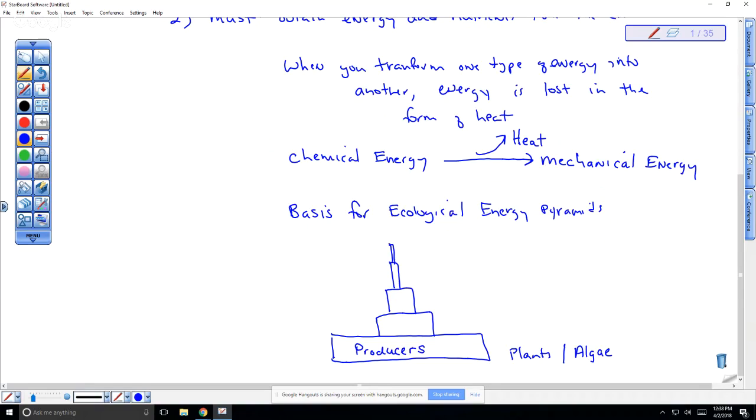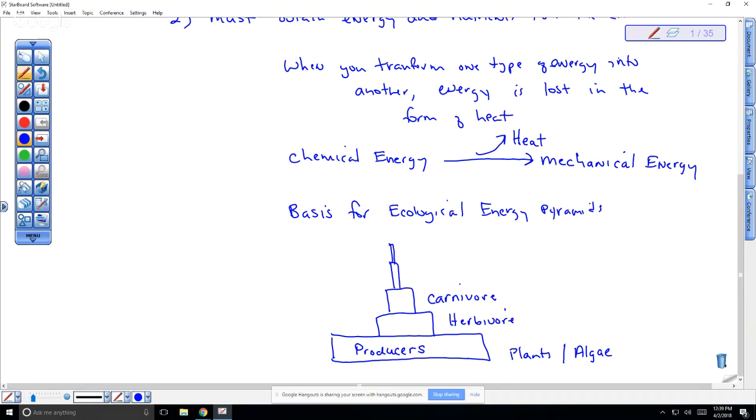So this is the amount of biomass, the amount of chemical energy. And so this would be like a herbivore. This is a carnivore. Okay. And then you might have organisms feeding upon the carnivores.